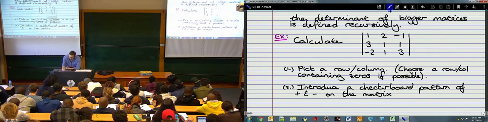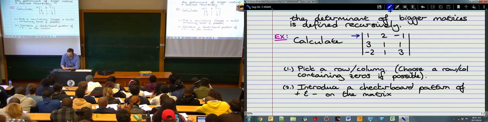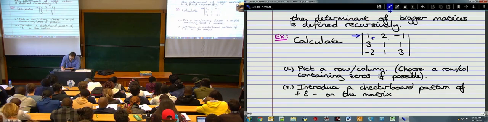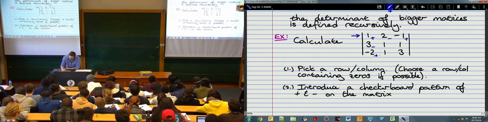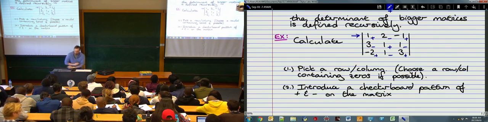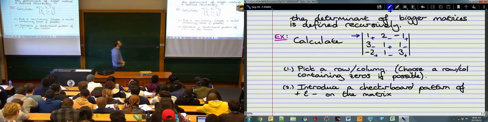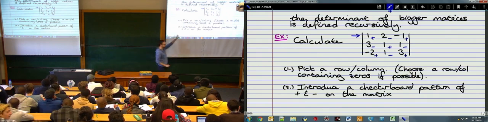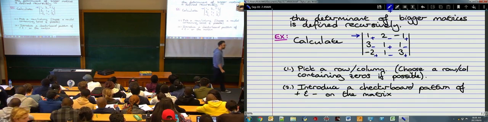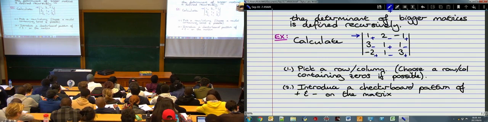So let's say, for the sake of argument, let's say we choose the first row, and then you introduce the checkerboard pattern, which is like this. You actually only need to introduce it in the first row. Maybe we should have introduced a checkerboard pattern, like so, of pluses and minuses. So the top left entry is always a positive, a plus, and the other entry is always minus.